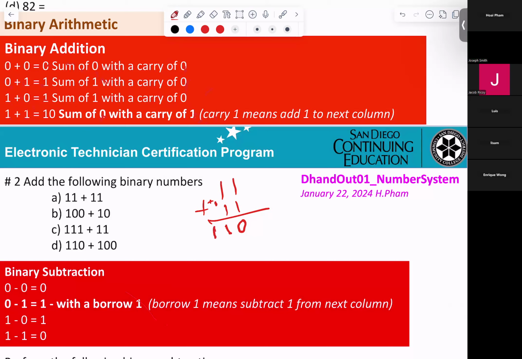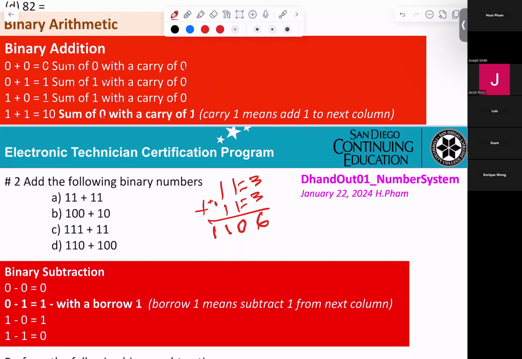Okay? If you say 1, 1 number 3, 1, 1, 0 number 6, that is how you can add it.